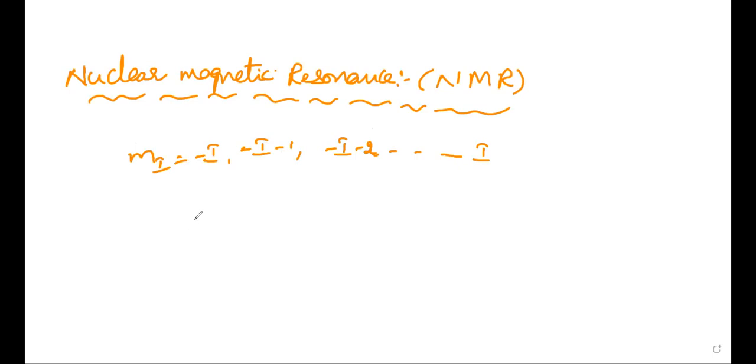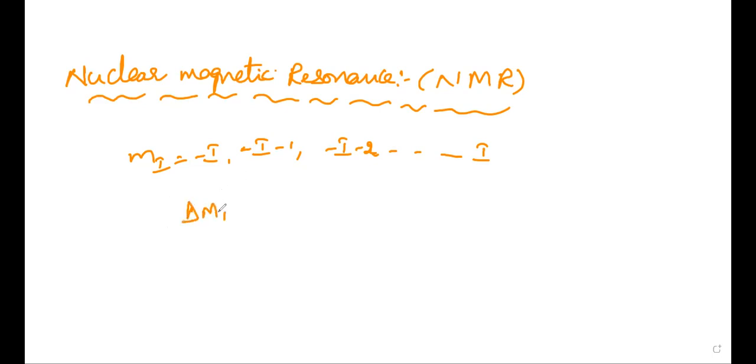The oscillating magnetic field is applied perpendicular to the constant field. This magnetic field induces a transition between these levels. It makes the nucleus absorb energy from the oscillating magnetic field.